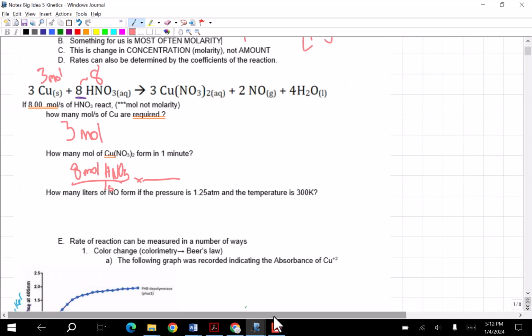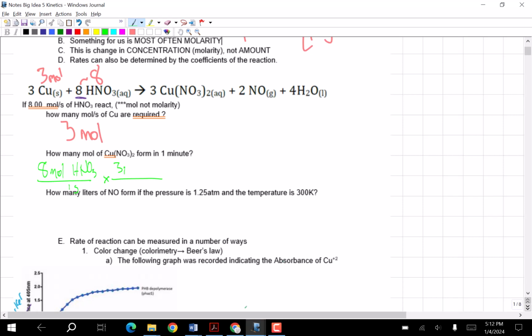So I have 8 moles of HNO3 per 1 second, and I want to find out how many moles of Cu(NO3)2 form in 1 minute.